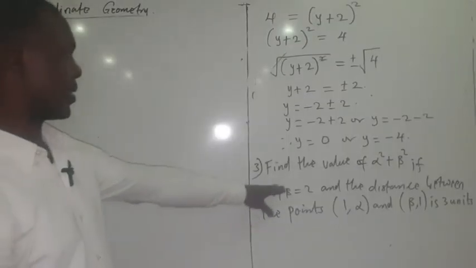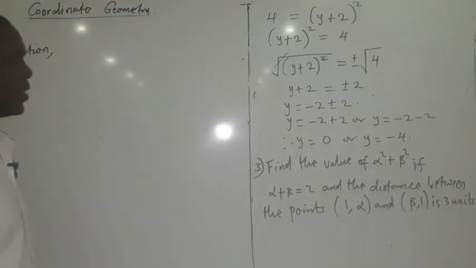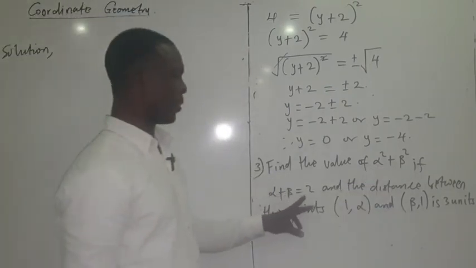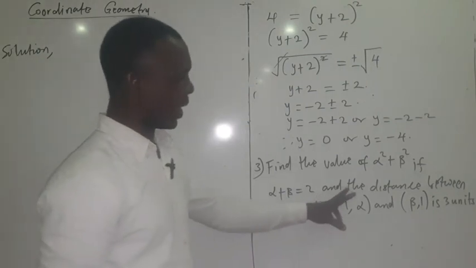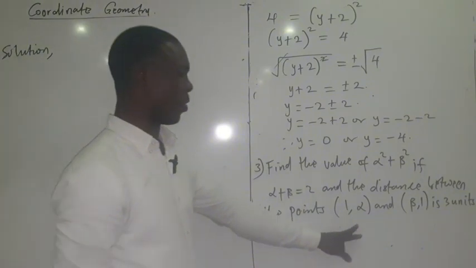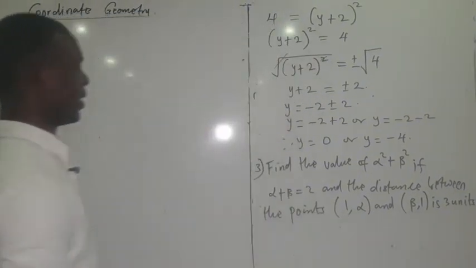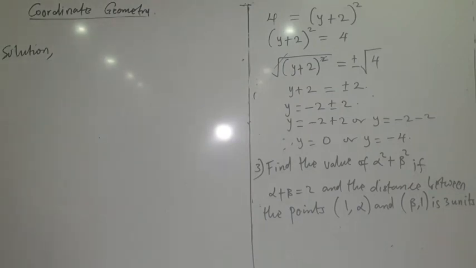So the question says, find the value of alpha squared plus beta squared if alpha plus beta equals 2 and the distance between the point (1, alpha) and (beta, 1) is 3 units. What we need to do here: we have to look for alpha squared plus beta squared, which is unknown.